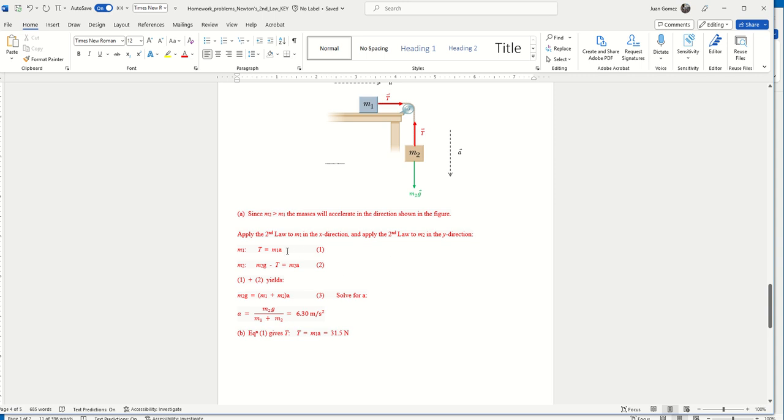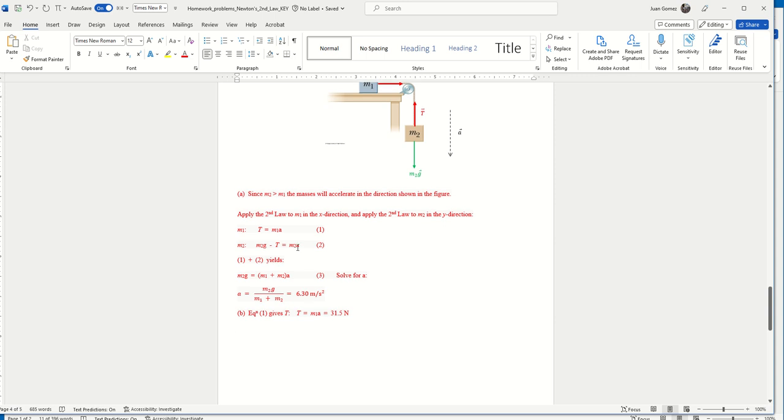My two unknowns are A and T. What if I just add equations 1 and 2, meaning add left-hand side to left-hand side, and you have to add the right-hand side to the right-hand side?